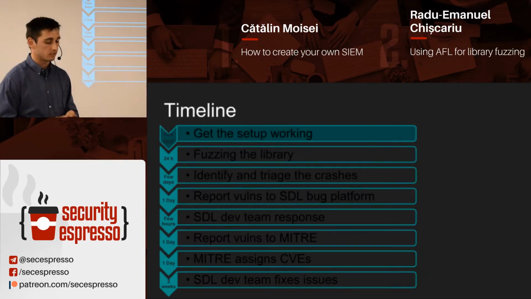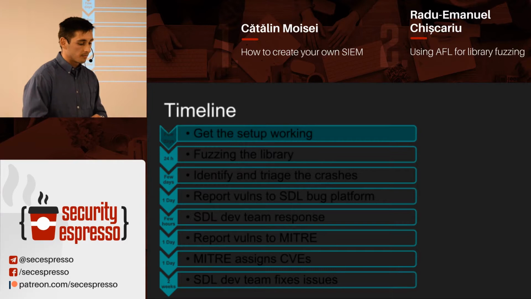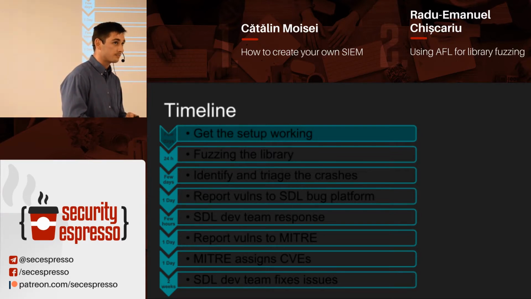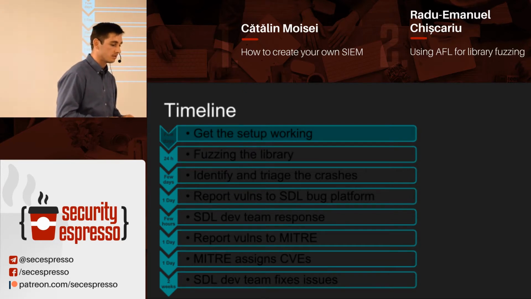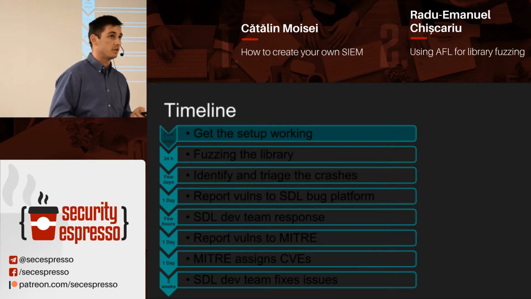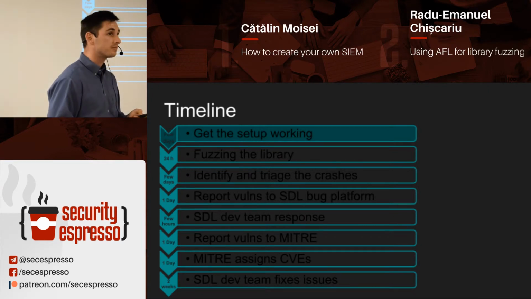I thought that it would be important to specify also the timeline, everything that happened, so I make you acquainted with the whole process. In order to get the setup working, choosing a library and coming up with a test harness or a certain method to fuzz that library took me, let's say, actually it's not a few days, I wanted to say a few weeks, to be more accurate.